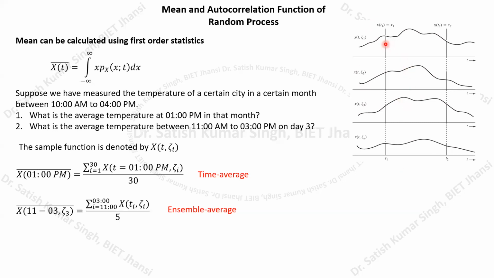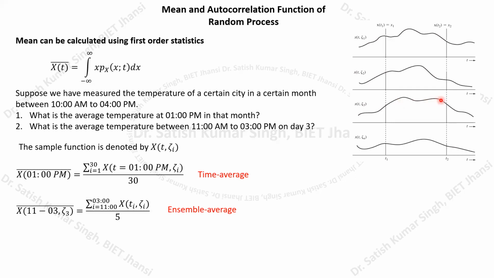So when I am interested only in this particular sample function, what we have to do is take the data at 11 a.m., then 12 p.m., 1 p.m., 2 p.m., and up to 3 p.m. Then I have to add all these temperature values and divide by 5, because we have a total of 5 such samples.